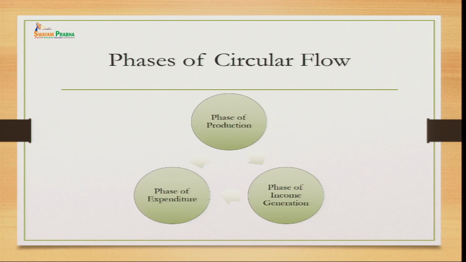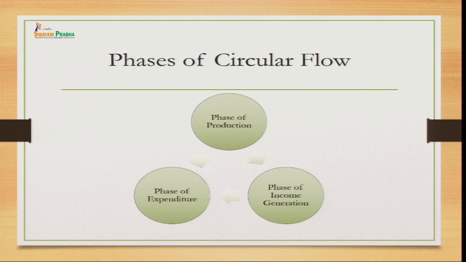To understand this flow we have 3 phases, starting with the production phase, because production starts first. Production gives income to the people; whatever factors we use for production will generate income, and this generation of income leads to the phase of expenditure. Whatever expenditure you do, you do with the income, and this expenditure leads further to the phase of production, because it demands more goods and services.